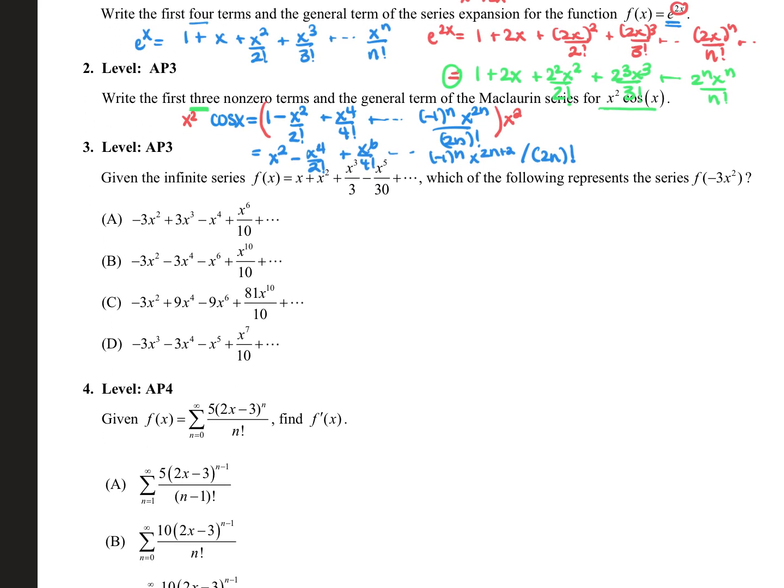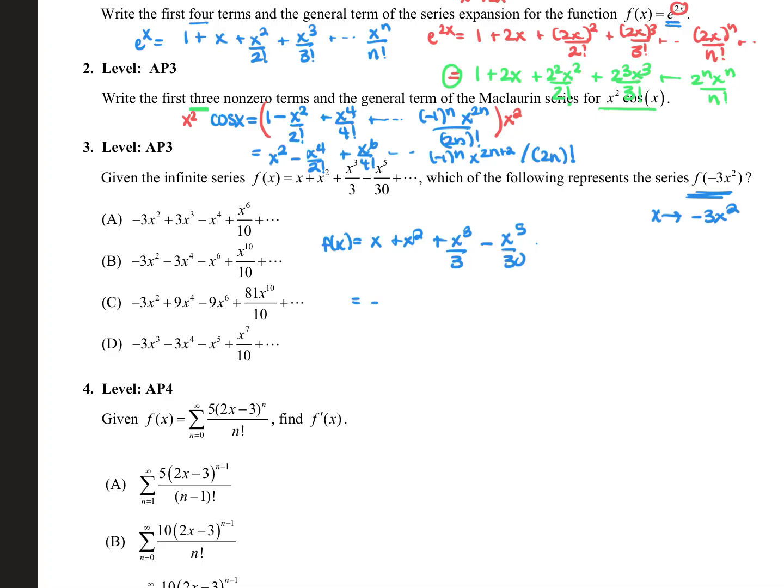3. Given this following series, determine what f of -3x squared would be. So let's see, f of x is equal to x plus x squared plus x cubed over 3 minus x to the 5th over 30. And if we want this, that means x is now going to become -3x squared.